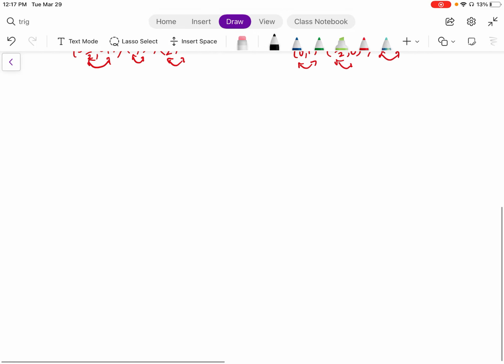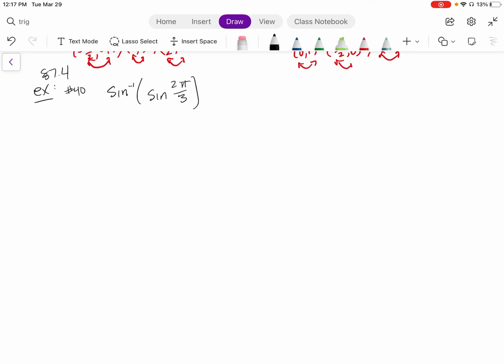All right, we are going to look at this example in the current textbook. It's number 40, but that's irrelevant, section 7.4. Doesn't matter. I want to look at sine inverse of sine 2 pi over 3, one example.